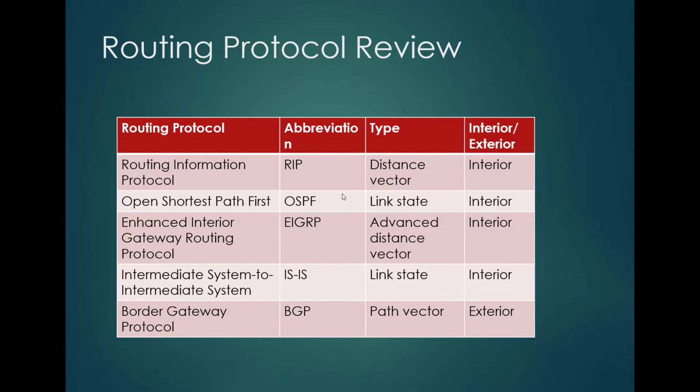It's also for internal use. And then we have IS-IS, which is a link state internal routing protocol. And then we have BGP, which is the Border Gateway Protocol, which uses path vectors. It's external. Again, it's mainly what the ISP would use.